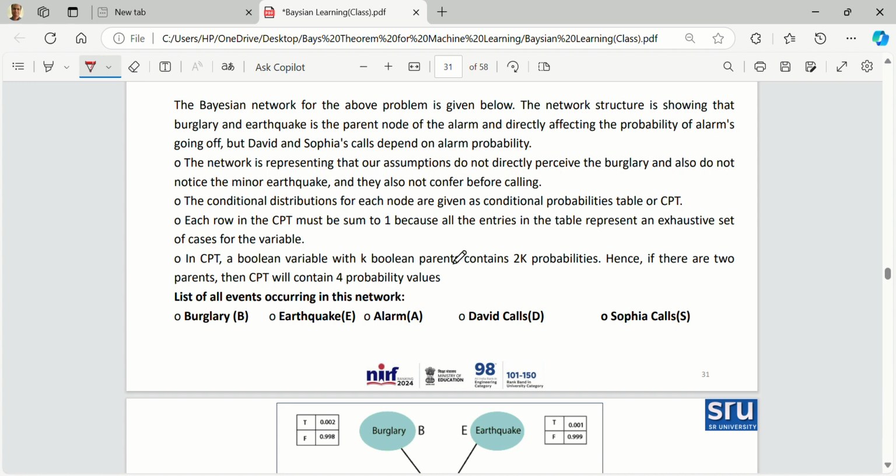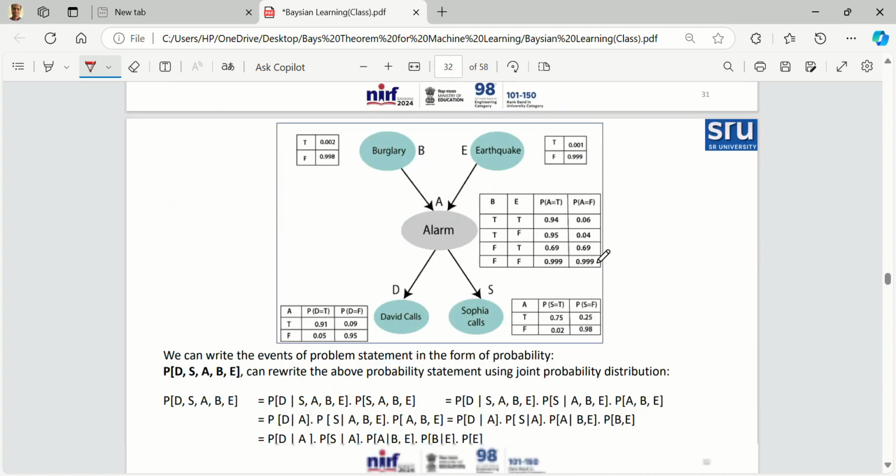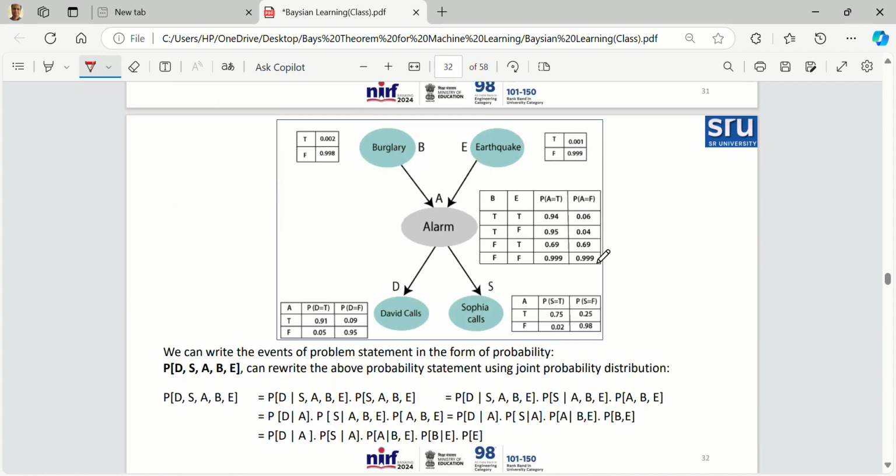So you have to construct the conditional probability table, CPT, to find the relations. So events are burglary B, earthquake E, alarm A, David calls D, and Sophia calls S. Now from this you can find that burglary true is 0.002, false is 0.998.